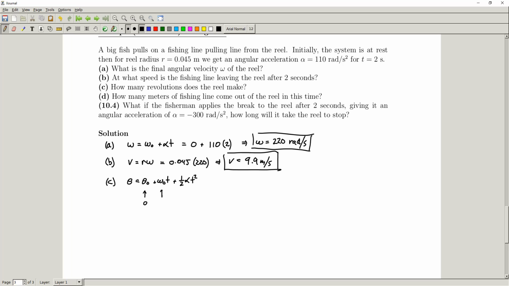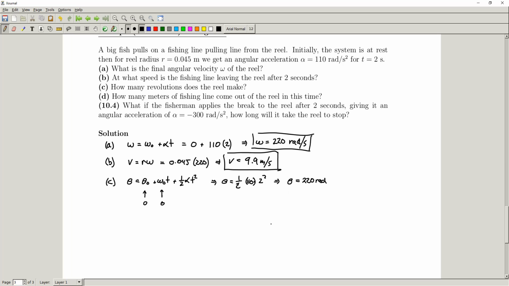Initially, there was no angular velocity, so we can set omega naught to 0 also. And then we simply end up with theta is equal to 1/2 alpha, oops, that's 110, t squared, so 2 squared. If we do that calculation, we're going to find that theta is equal to 220 radians.